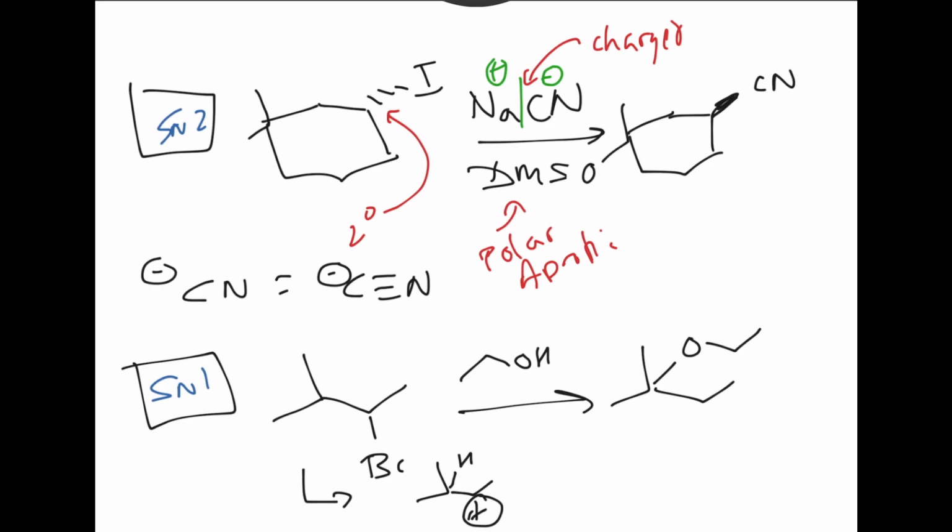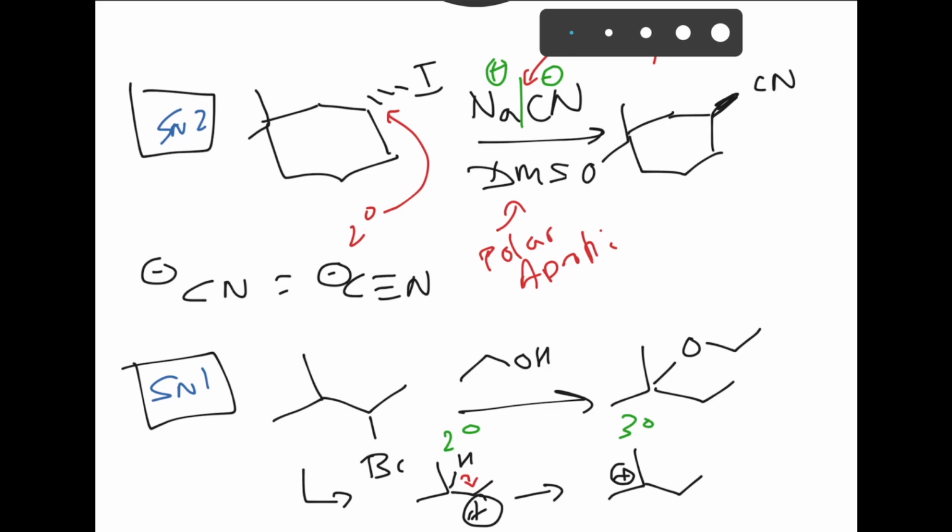In this case, we're able to move a hydrogen and make now a tertiary carbocation. So I go from secondary carbocation to tertiary. Then I add my ethanol and I get my product.